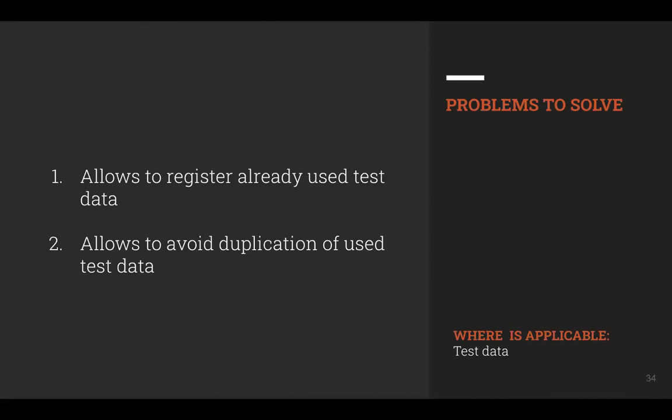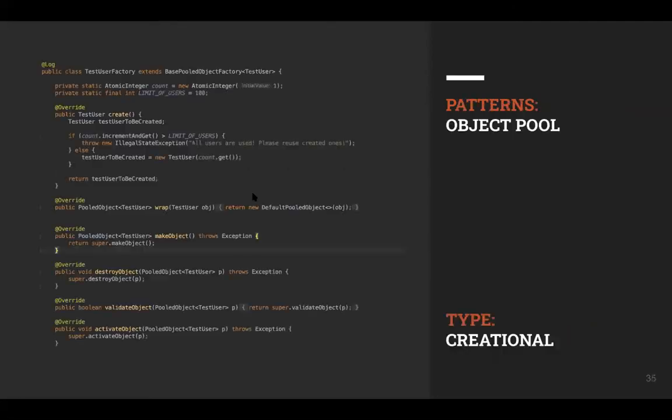We had only a limited number of users, and since we had to test different platforms, mobile on Android and iOS, we had a bottleneck with the number of users. Somebody uses this user, I need to ask, hey, do you use this user? No, okay, I'll take it. So it can be easily managed by code, and it's called object pool. This pattern is called object pool.